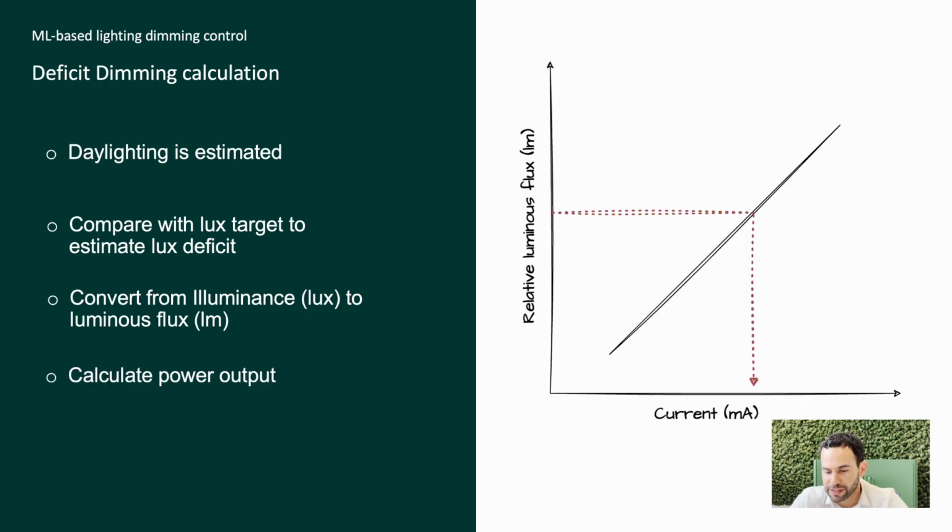And finally, depending on the type of vendor and the type of technology of the lamp, it is possible to estimate the relationship between the luminous flux and the current. For example, if you need 200 lux that are converted into lumens, for example 600, then there will be a relationship with the amount of current that you need to achieve that. Sometimes it's then converted to power output, but that will depend on specific lamps.